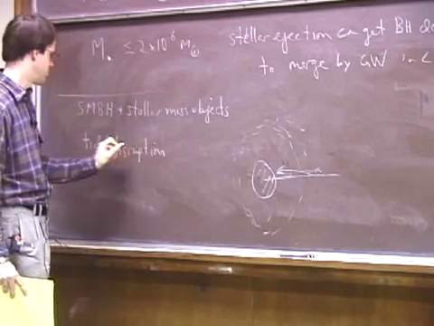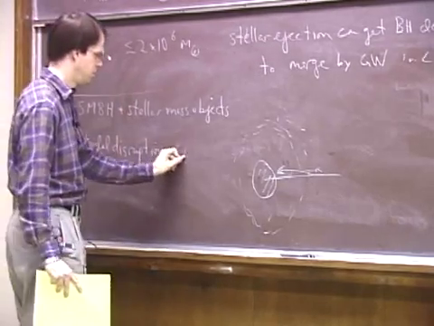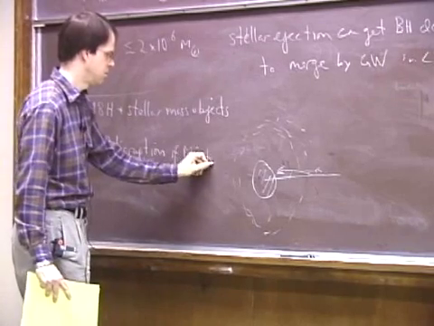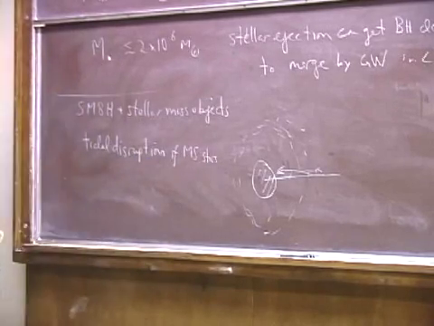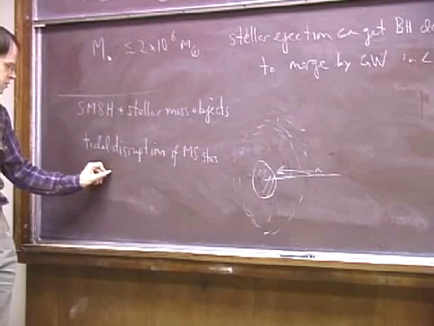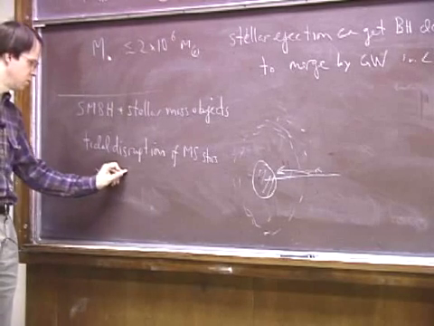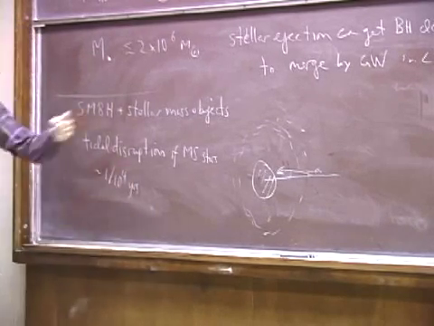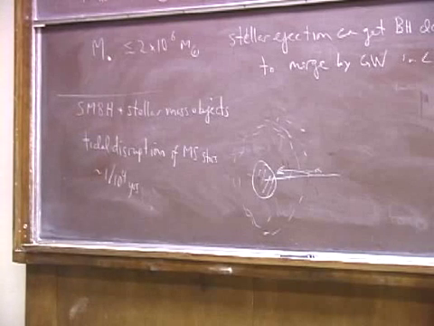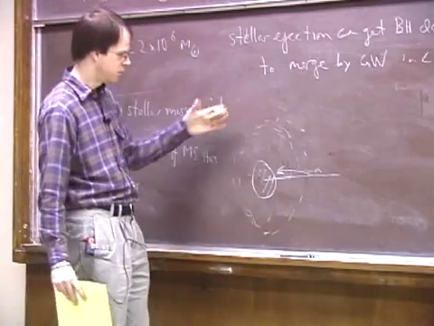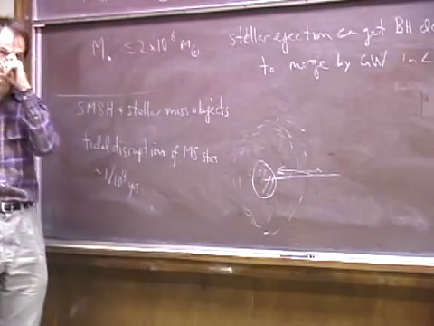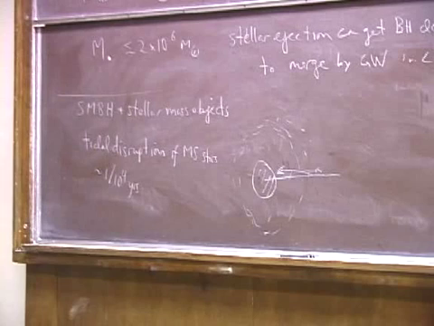The rate of tidal disruption of main sequence stars, for a galaxy like the Milky Way, should be roughly once every 10^4 years that a star like the Sun gets tidally disrupted by the black hole in the center of the galaxy. And that then means there's now a one solar mass gas disk around the black hole.